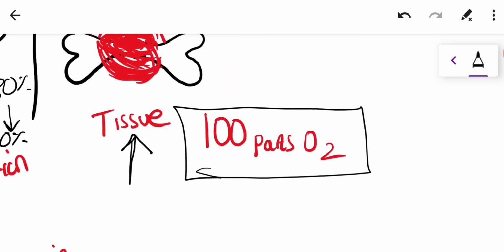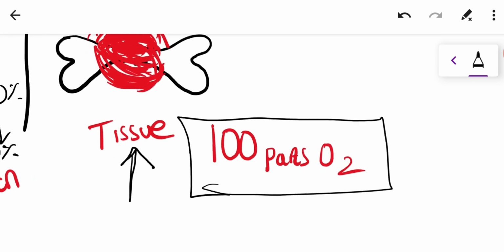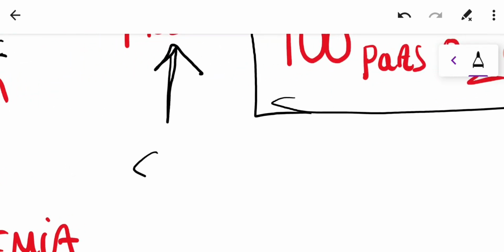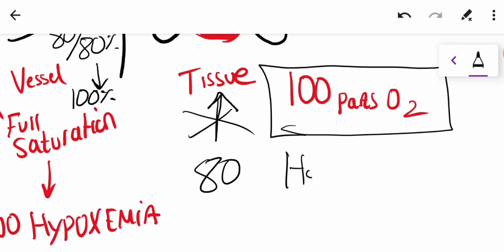However, when you go to the dealership, when you go to the shopkeeper, he asks for 100 parts. You've only got 80. There's a disbalance. There's hypoxia. He wants 100. You've only got 80.